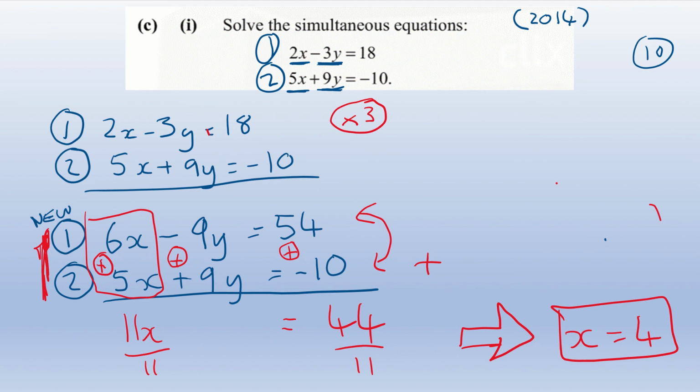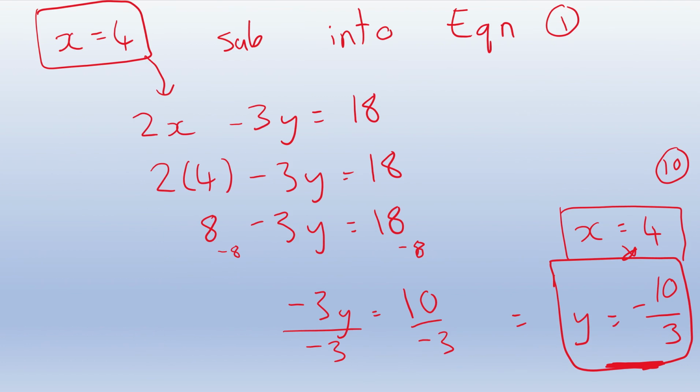You added them together so that your minus 9y and your plus 9y gave you 0. You ended up with 11x is equal to 44, and when you divide both sides by 11, you get that x is equal to 4. You then substituted that back into your equation number 1 and you found out what y was.